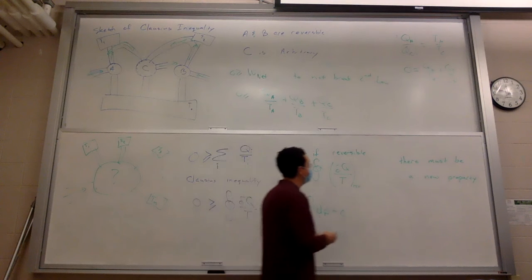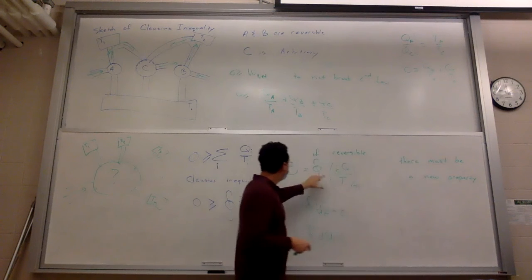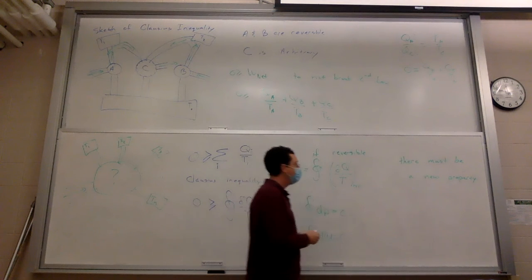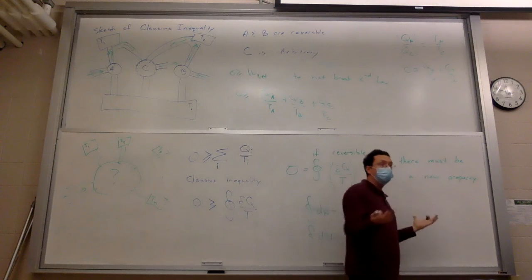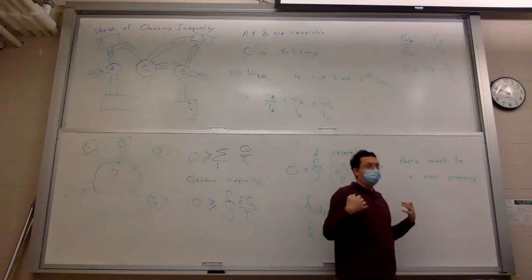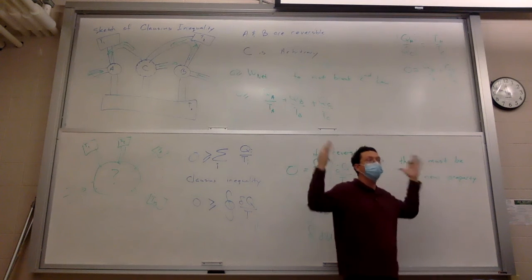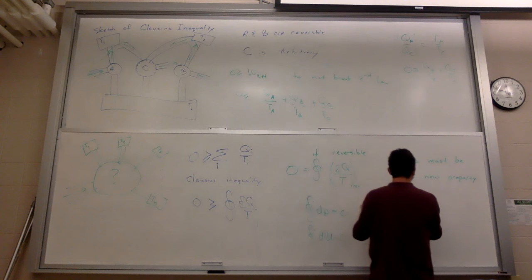All right. There must be a new property, because this mimics this. So I'm just gonna give it a random letter. I'm going to call this new quantity, I'll assign the letter S for no particular reason.